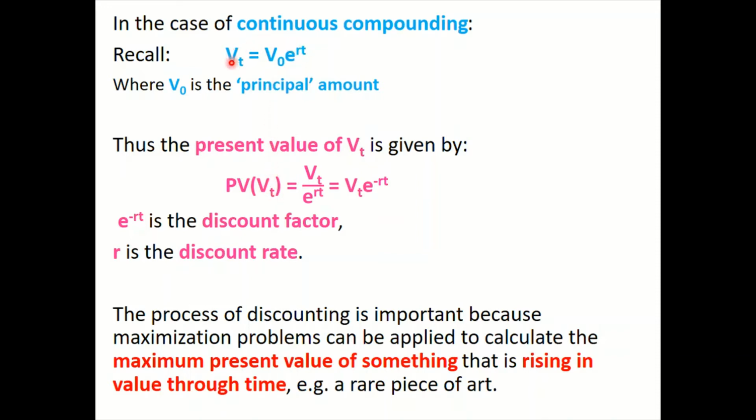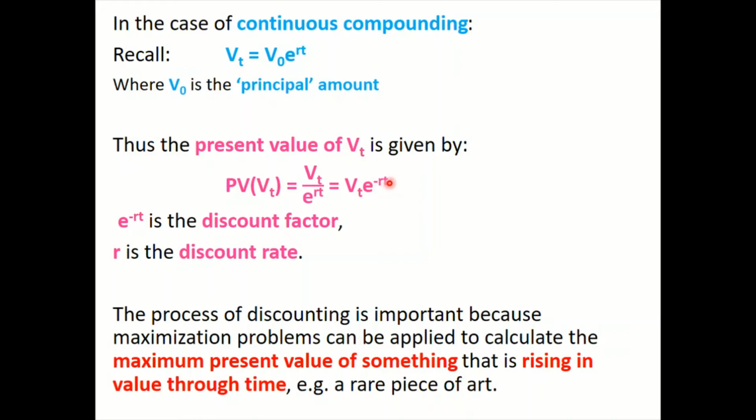Working with this formula here, just changing things around a bit, you can see that V0, which would be the present value of VT, we would work out by dividing VT by e raised to the power of rT. Or writing it differently, bringing e into the numerator, but then we obviously have to raise it to minus rT.